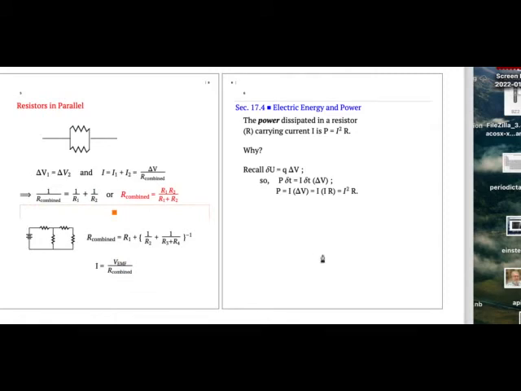There's an interesting connection between resistance and the electric energy in a circuit.